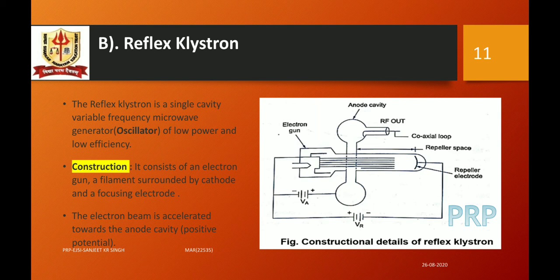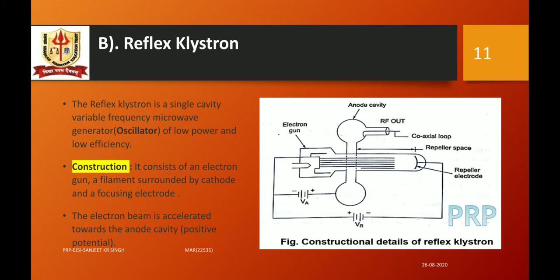So construction: a similar construction is there of the electron gun assembly, then the focusing electrodes, then there is only one cavity, that is the anode cavity, which is made slightly positive with respect to the negative cathode, so that the electron beam radiated is accelerated towards it.